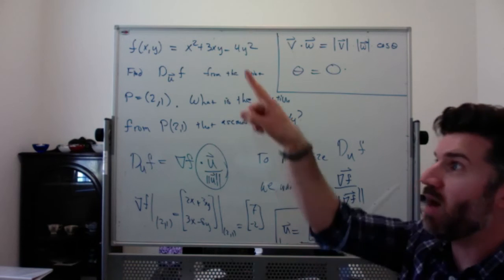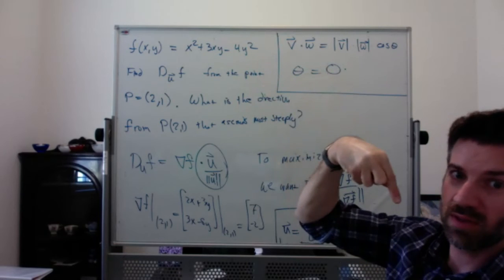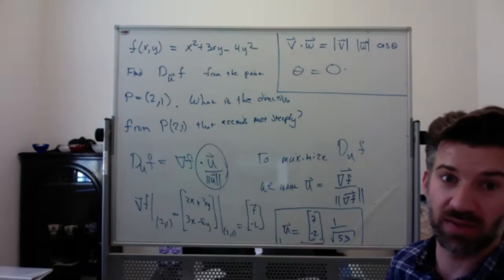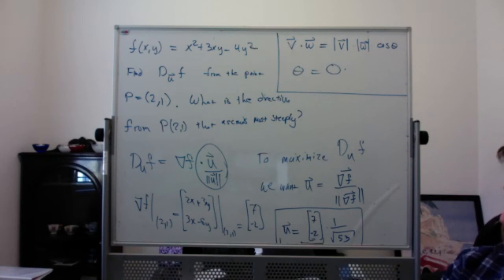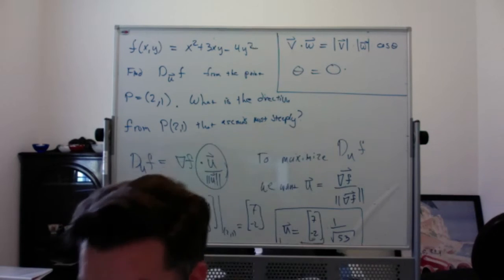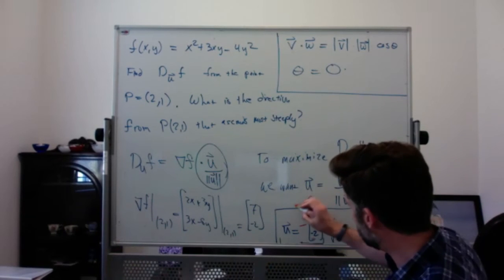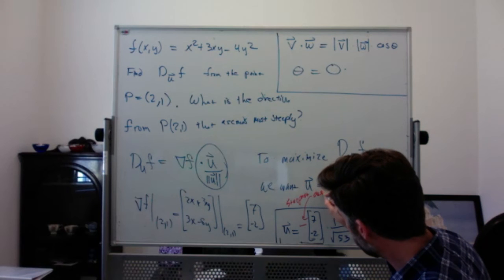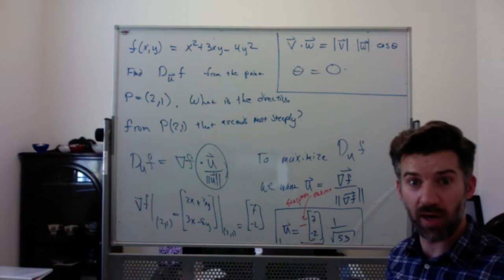Well, if going that way is going to go up the hill fastest, turn around. Going the opposite, negative direction is the direction of steepest descent. So to get the direction of steepest descent, you just slap a minus sign on the whole thing. The steepest descent direction is always the negative of the gradient.